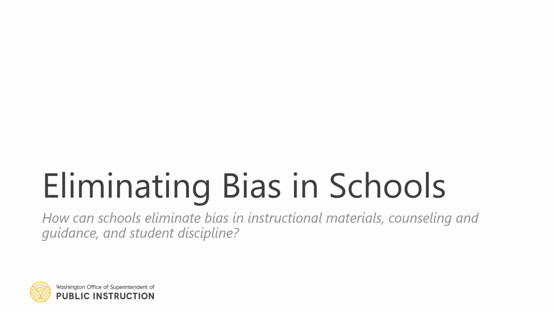We can often identify bias by looking at whether any particular groups, for example a protected class, are being overrepresented, underrepresented, or omitted entirely from a given situation. Such representations or omissions can imply that certain groups are more or less important in our school community, which has a tremendous impact on our students.